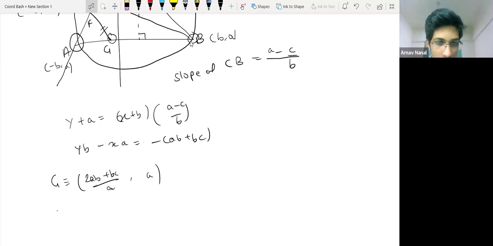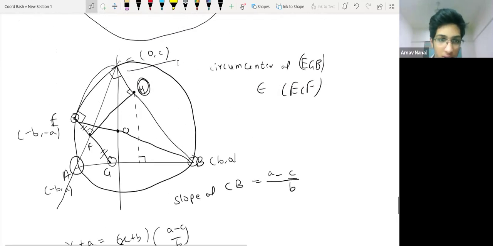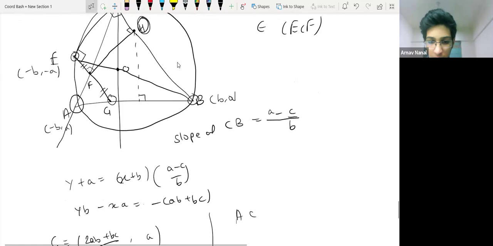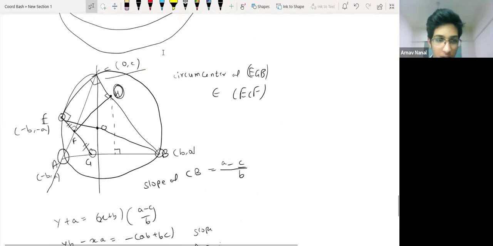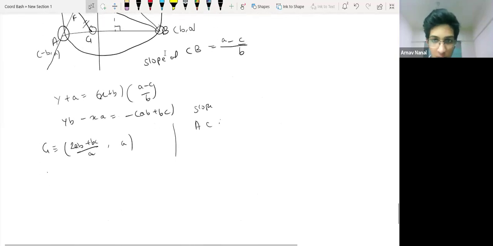And then the equation of AC: slope of AC is C minus a by b.